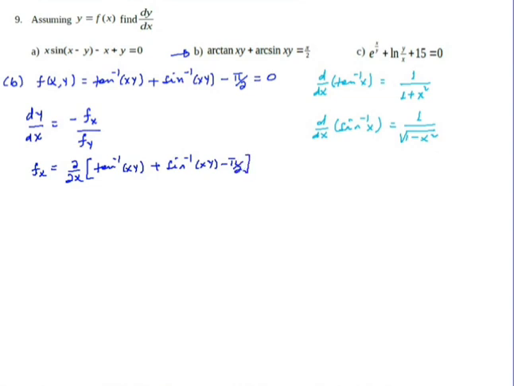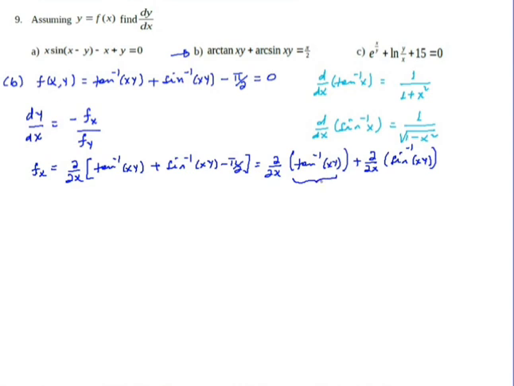We take the partial derivative of this. The partial derivative of pi over 2 is 0.